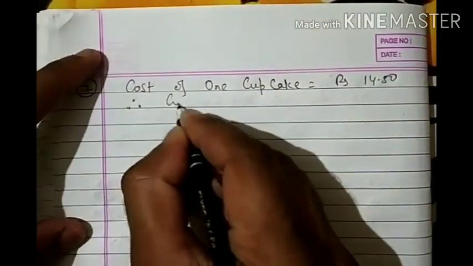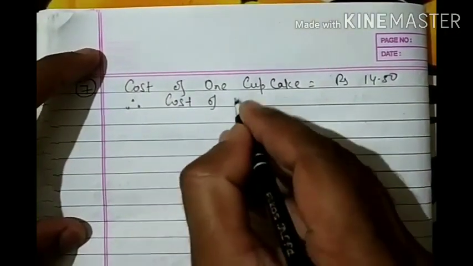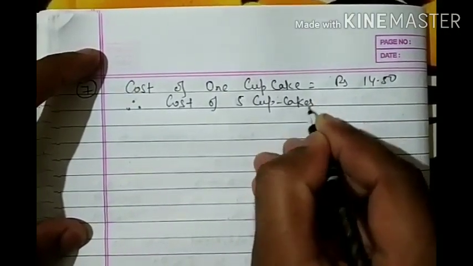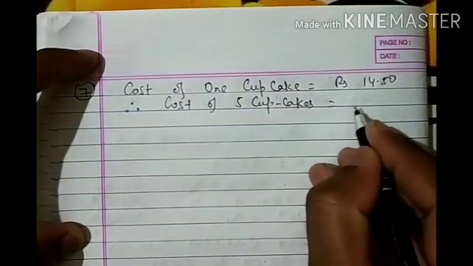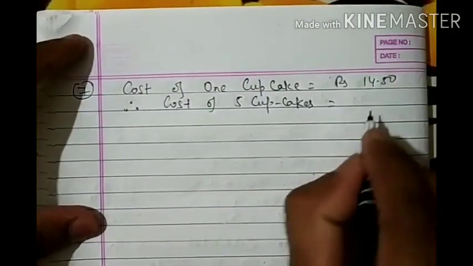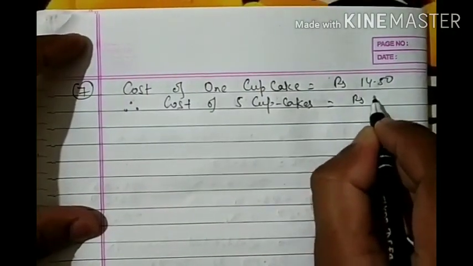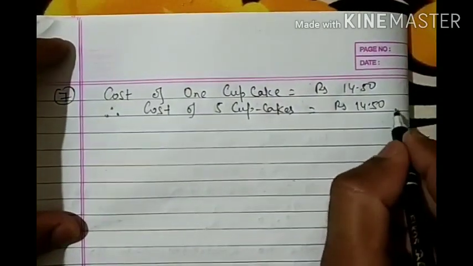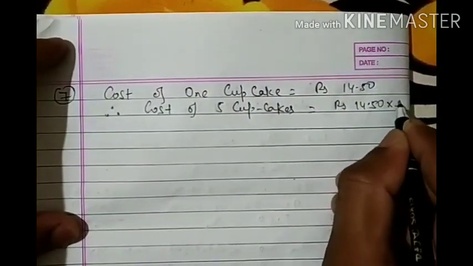Therefore, cost of 5 cupcakes will be equal to rupees 14.50 multiplied by 5.